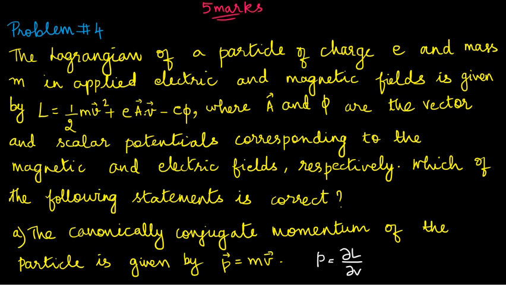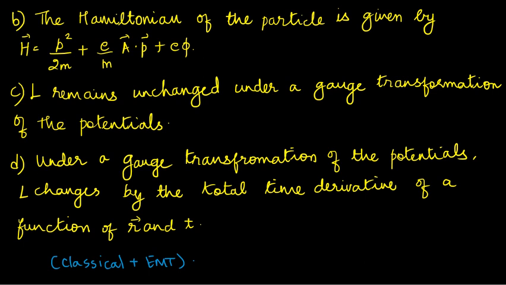If you do dou L by dou V, you're not going to get mv. You're going to get an extra term which is eA. So this is wrong. Let us see the next option. The Hamiltonian of the particle is given by this. If you solve using the conversion formula, you're not going to get the same Hamiltonian. So this option will also be wrong.